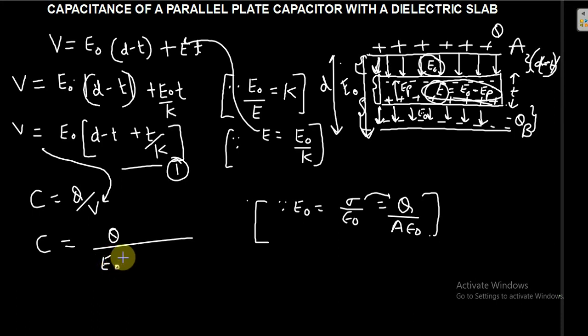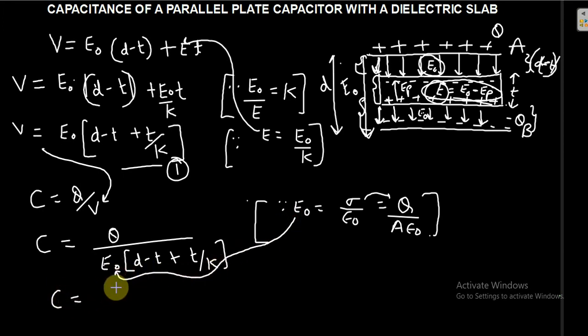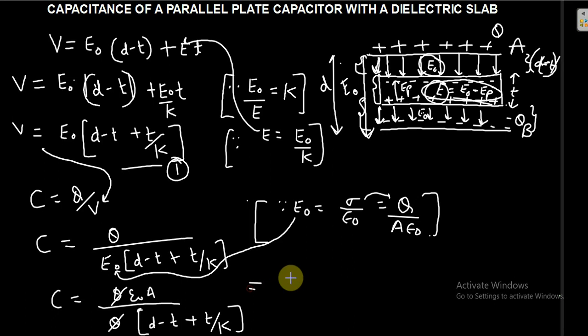So what is your V? V is equal to your E0 times D minus T plus T by K. In the next step, substitute this E naught value here. So what you will get? Q by, what is E naught? That is your Q by epsilon naught A, and the rest of the thing will come as it is, D minus T plus T by K. Q will cancel.